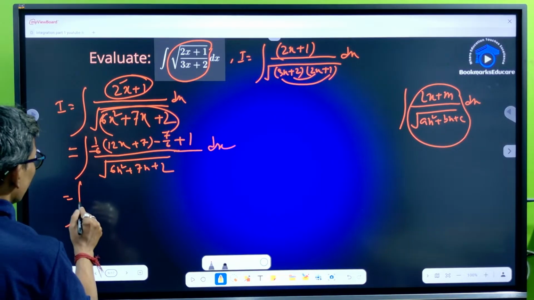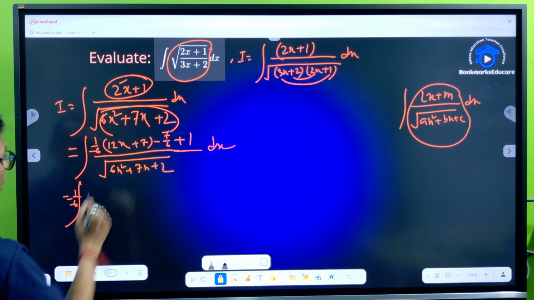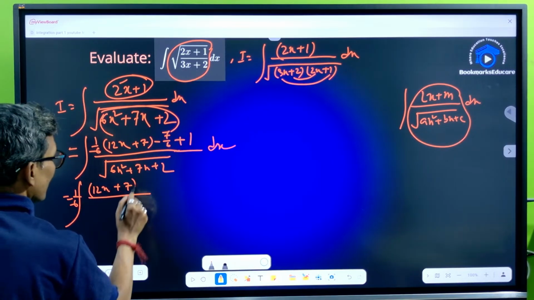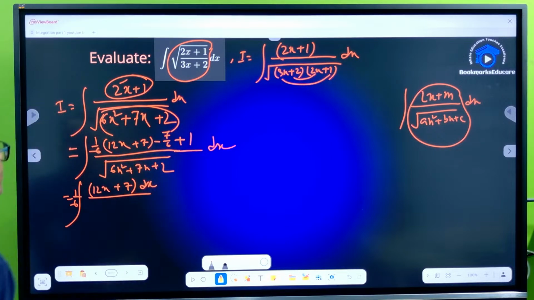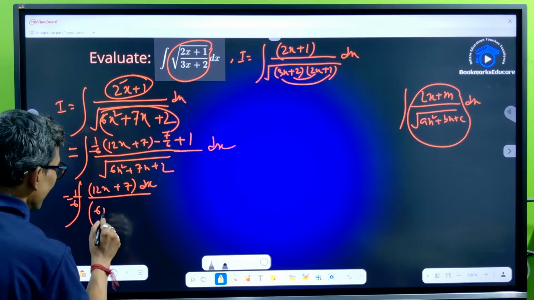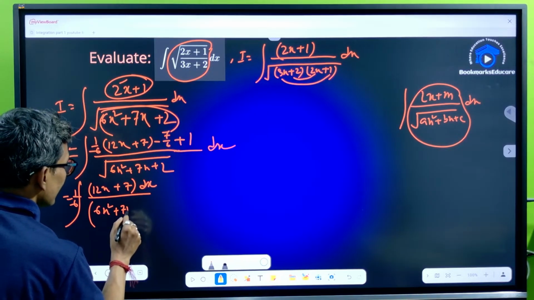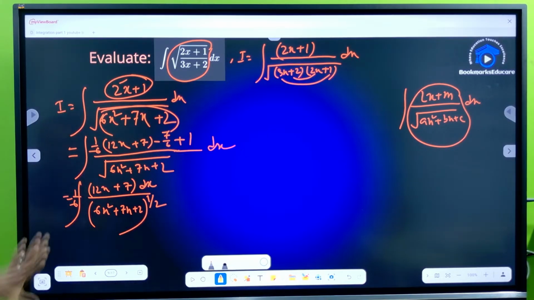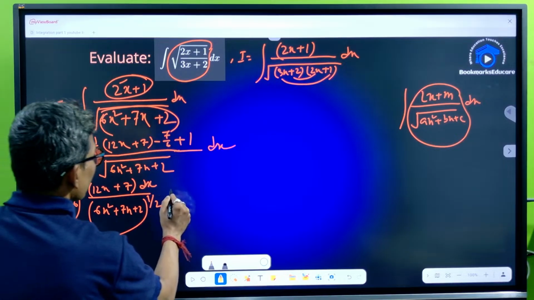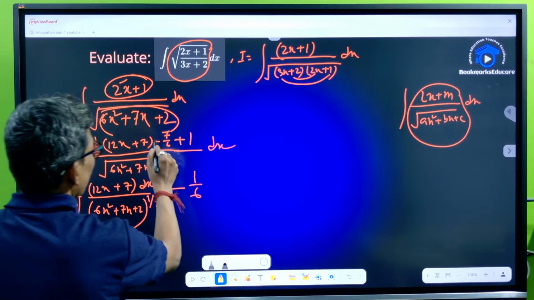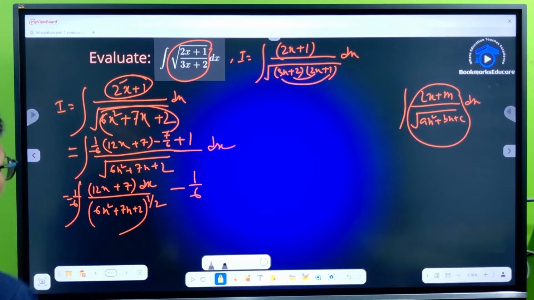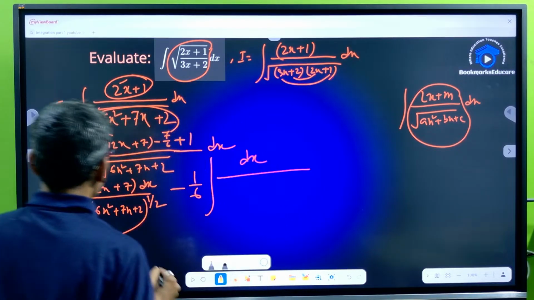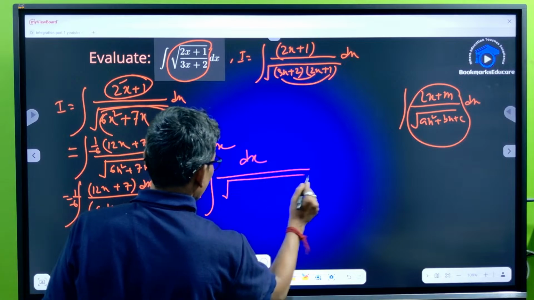So I split the 1 by 6: (12x plus 7) dx by 6x square plus 7x plus 2 to the power 1 by 2, minus 1 by 6, minus 7 by 6 plus 1 means minus 1 by 6, dx by root over of this.